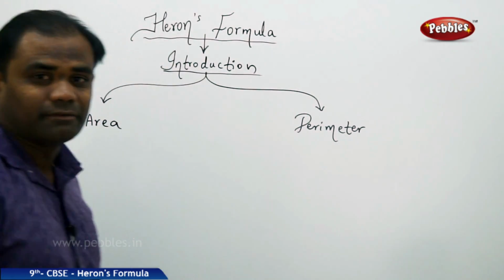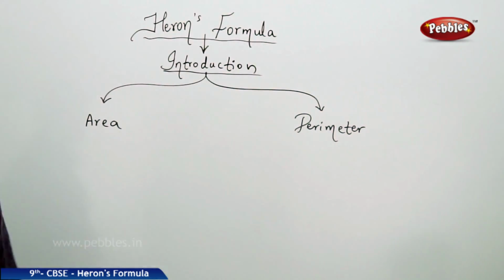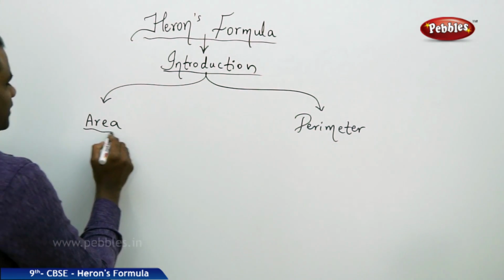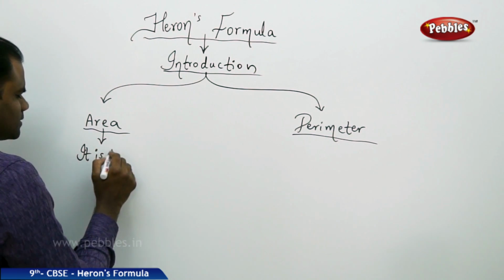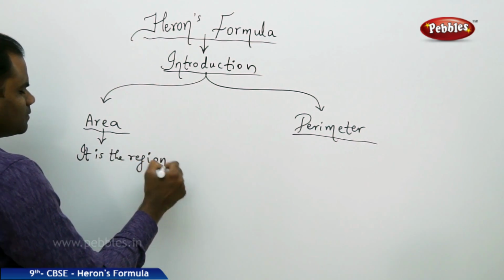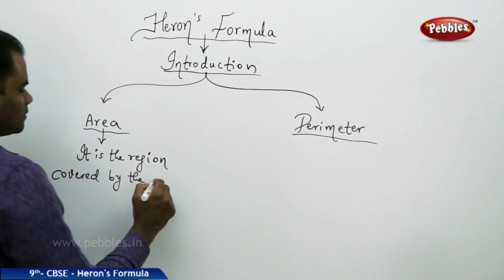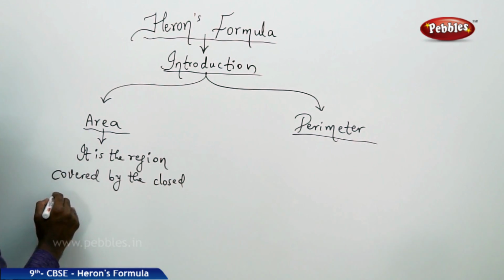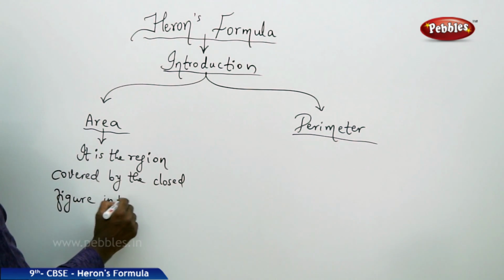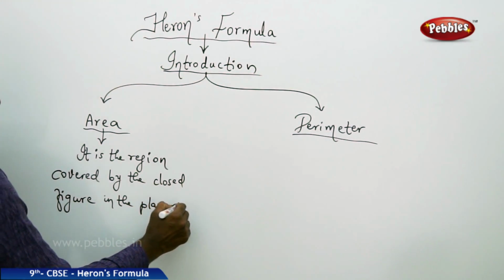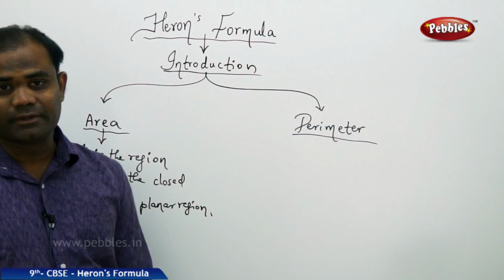Let's see in brief the example of a wooden plank to understand area and perimeter in general terms. Area is defined as the region covered by the closed figure in the planar region.